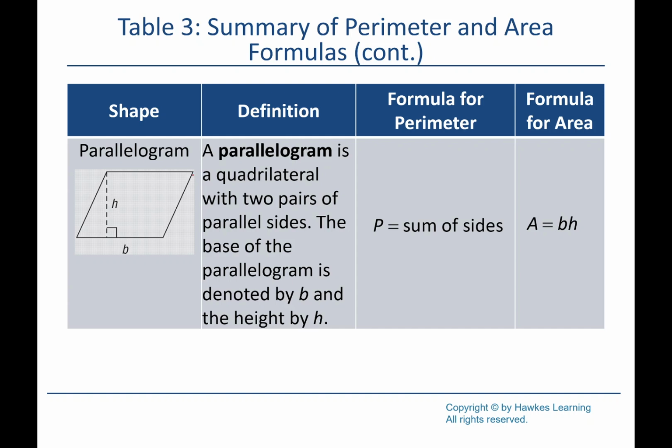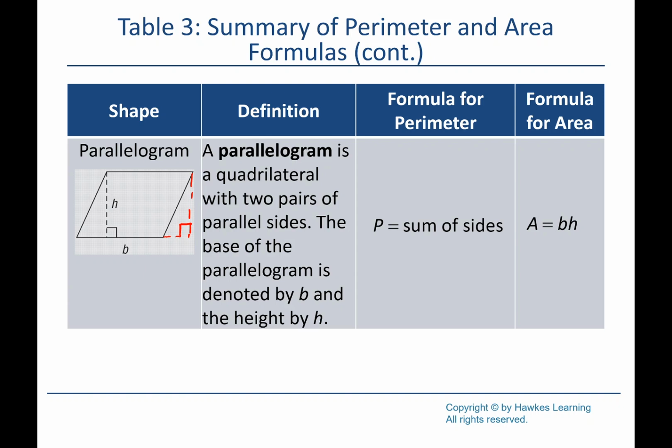If you think about chopping this piece off on the left side and sliding it over here, then we end up with a rectangle. The length's B, the height's H. So, base times height. Same idea, it's just squished over.